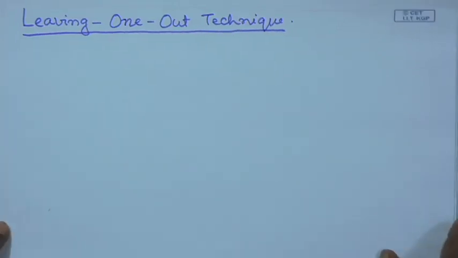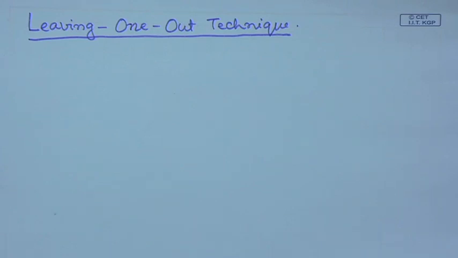So, what is this leaving one out technique? It is quite intuitive that when we train the classifier using supervised techniques, that is, when you design the classifier using a large number of feature vectors for which the class belongingness is known, then if I increase the number of such samples used for training, the classifier will be more robust.